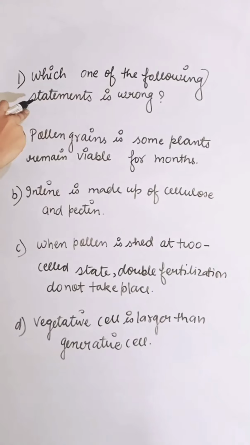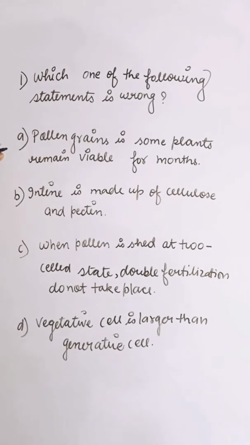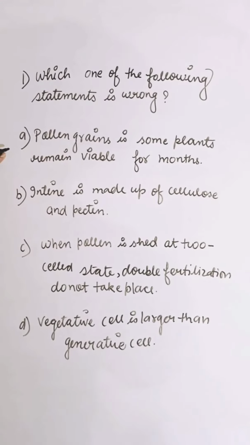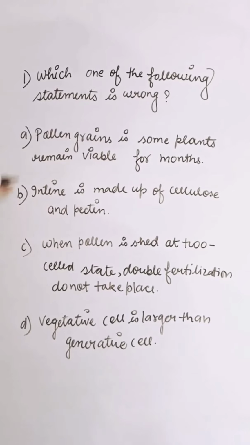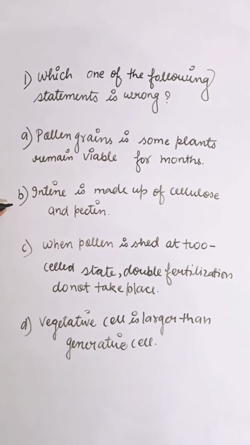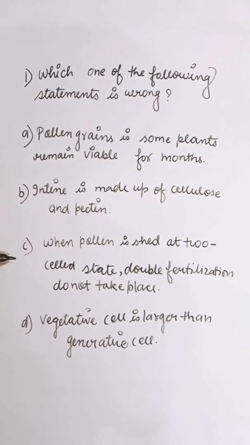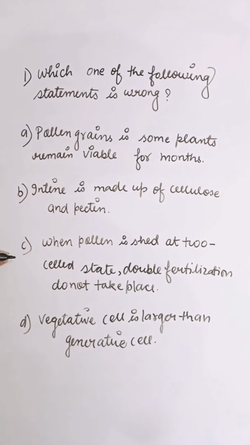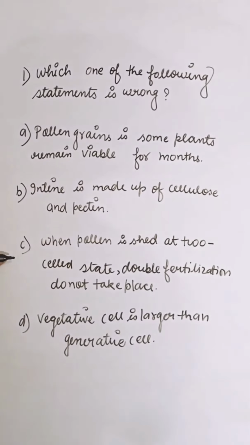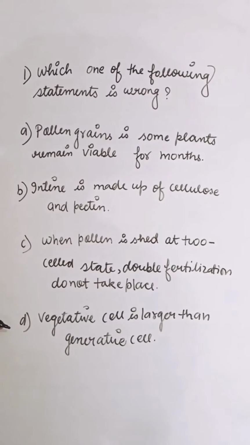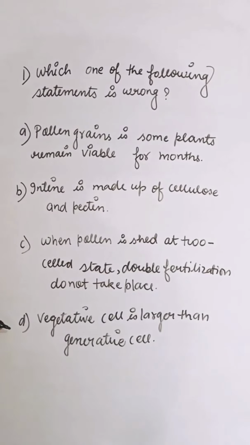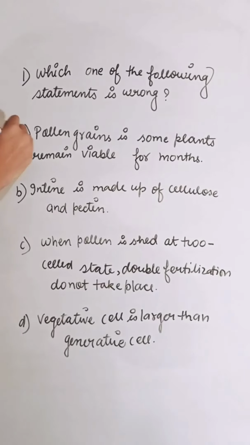Which one of the following statements is wrong? First option, pollen grains of some plants remain viable for months. Second, intine is made up of cellulose and pectin. Third, when pollen is shed at the two-cell stage, double fertilization does not take place. Fourth, the vegetative cell is larger than the generative cell. The first statement is correct.